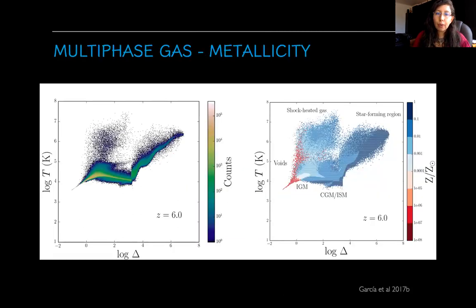So mainly from this multi-gas metallicity plot, what we can see is that the chemical enrichment is mostly driven in the star forming regions, and then it moves outwards due to shock heated gas outwards from the galaxies, and it populates the CGM and IGM. And this is mostly with these feedback processes and winds. And of course, voids are not chemically enriched.